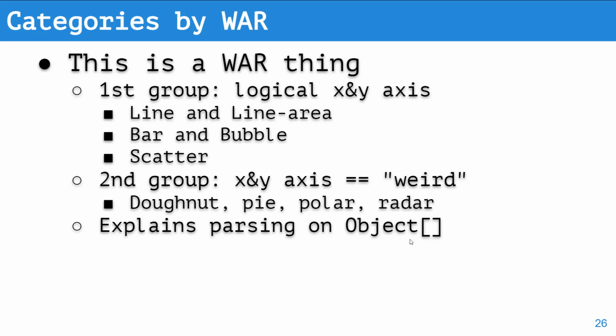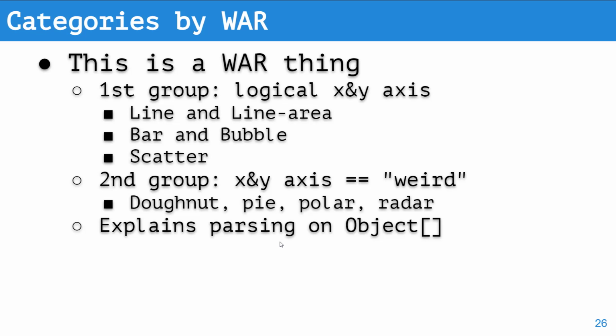And it asks, where in the array of objects is the stuff for the X or the stuff for the Y, or where is the stuff that decides how big to make the radius on the polar, or how big to make the segment on the pie or the donut, or how far to stretch out the polygon on the radar? So where do you put it? Because now I need some help, because I can't figure it out on my own, which makes sense. So you'll see this parsing stuff in the doc.